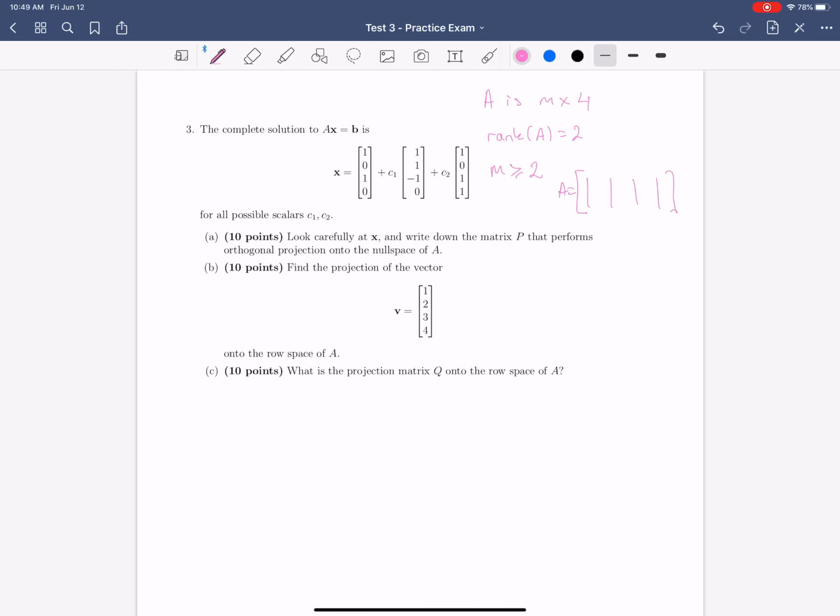Does that mean that we know the column space, or does it mean that we actually know more information about the row space? What we don't know is how many points there are in here, right?